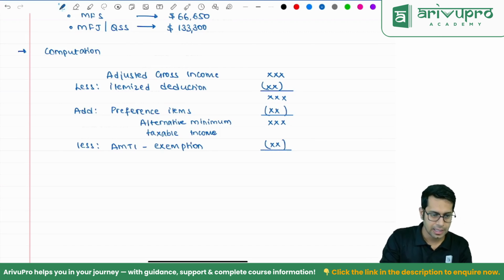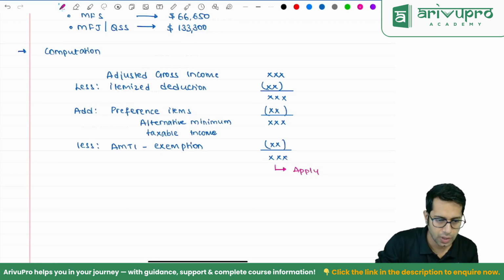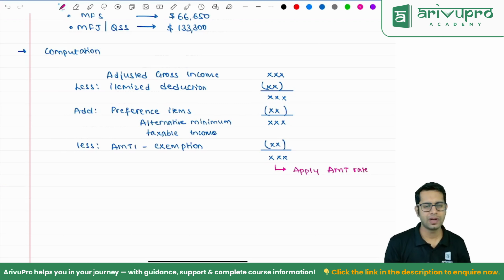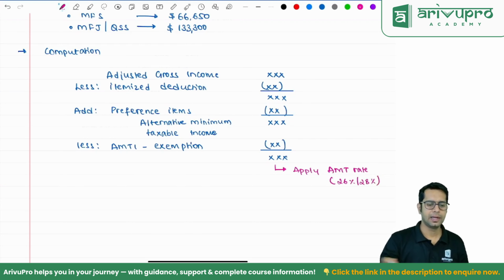Then whatever is left over, you apply your alternate minimum tax rate, at 26% or 28%, whichever is applicable to you, and you pay your alternate minimum taxes.